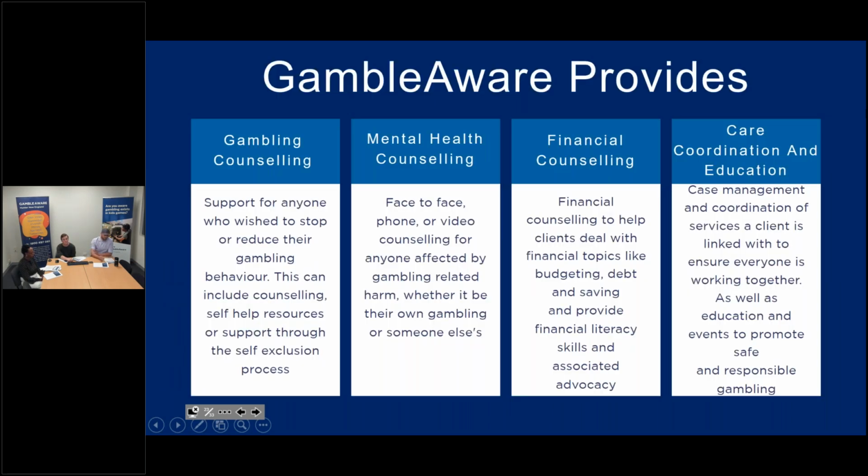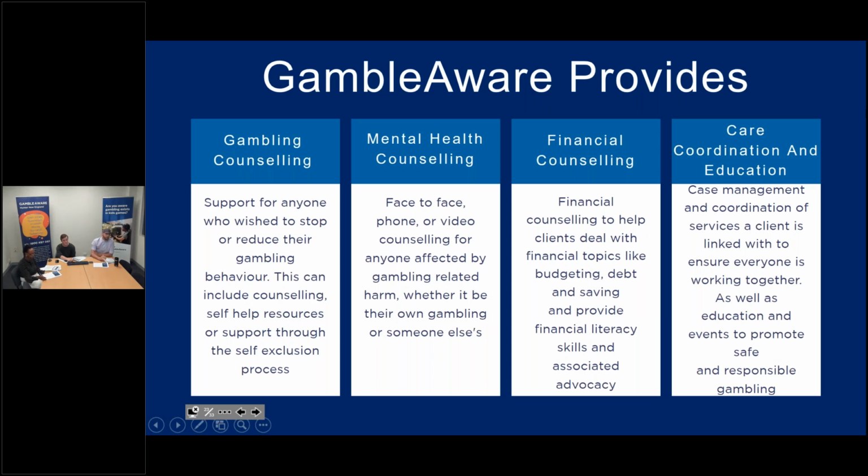The way that we do it is we've got gambling counsellors who also fill mental health counselling roles, as well as financial counsellors and care coordination and education. So basically we can provide counselling focused on stopping or reducing the actual gambling behaviour.